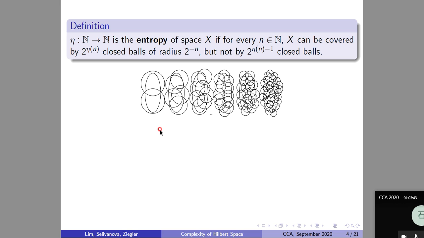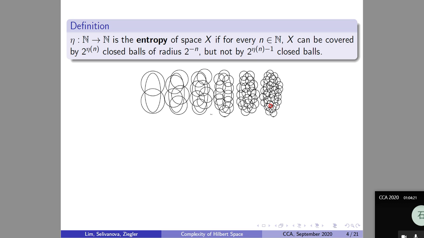Entropy is a characterization of the space in terms of how complicated the space is, or how big the space is. It is defined as a function from natural numbers to natural numbers. If you fix some radius, you can cover the space by balls with that radius, and as the radius decreases, you need more and more balls to cover the space.